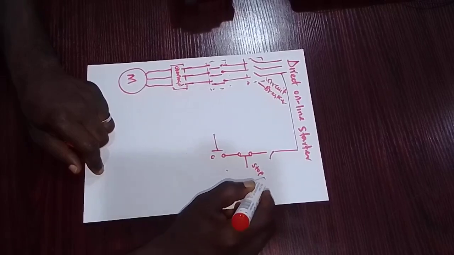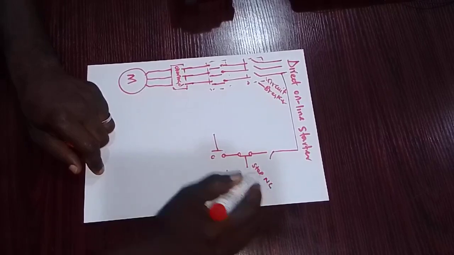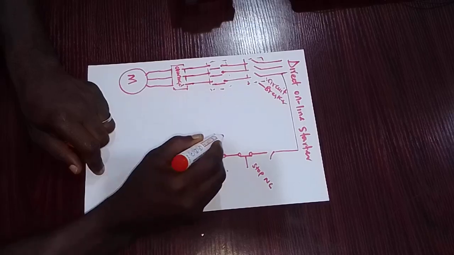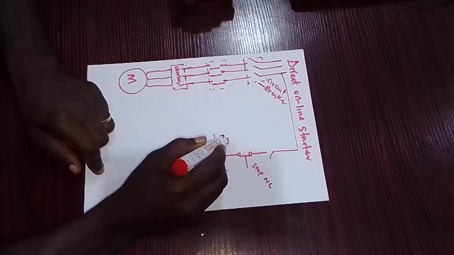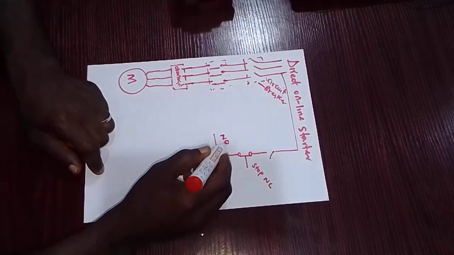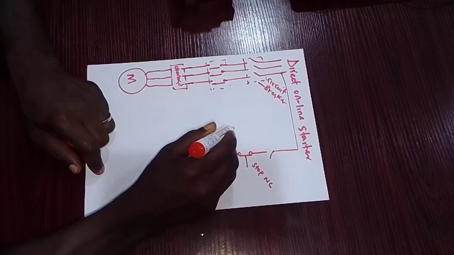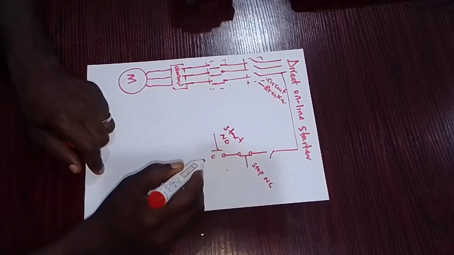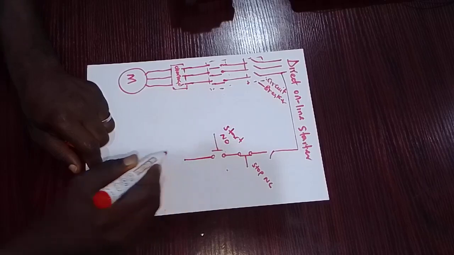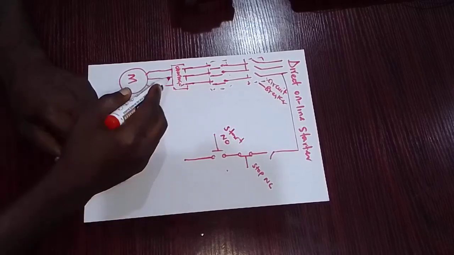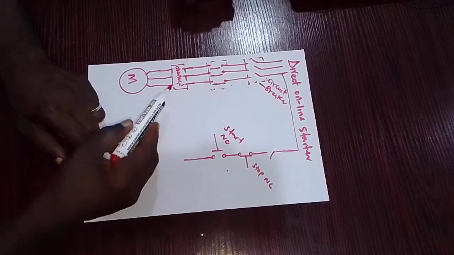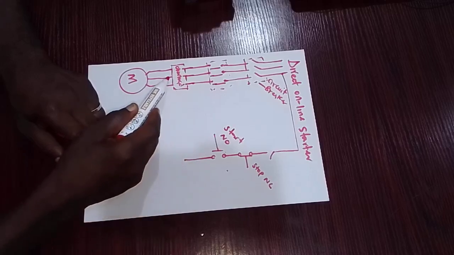The stop push button is normally closed, while the start push button is normally open. From the start push button, we connect to, like I explained the other time, an overload here.